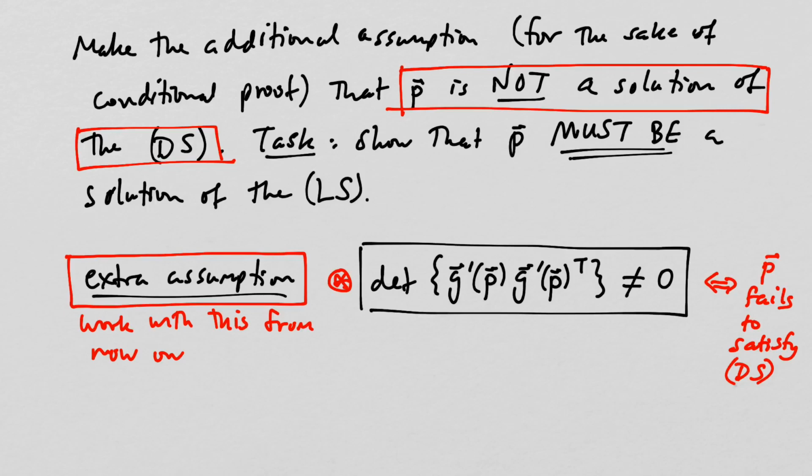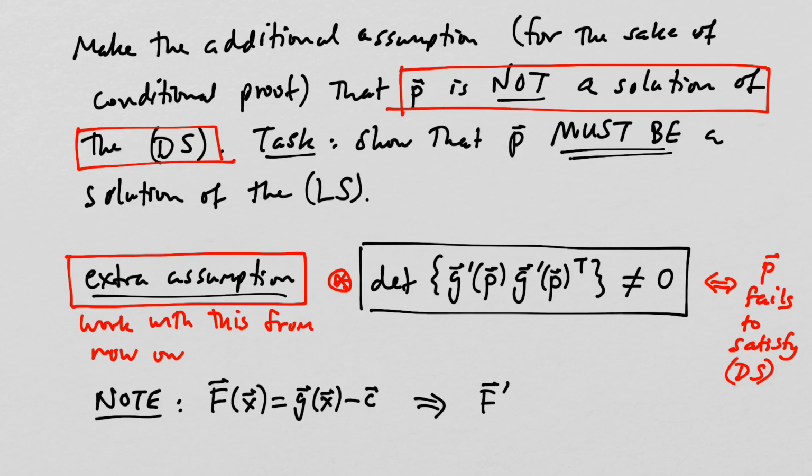Okay. Now, what's the link between the 2? Well, one link is just to take notice of the fact that because big F is essentially the same function as g of x, they just differ by a constant, it follows that big F prime of x is the same as g prime of x, and specifically at the point P, big F prime of P is the same as g prime of P, which is exactly the matrix that appears here.